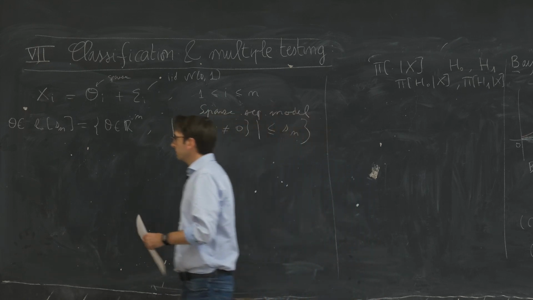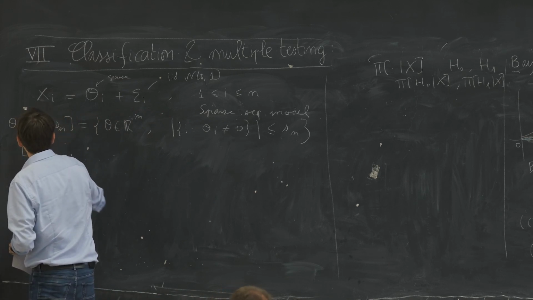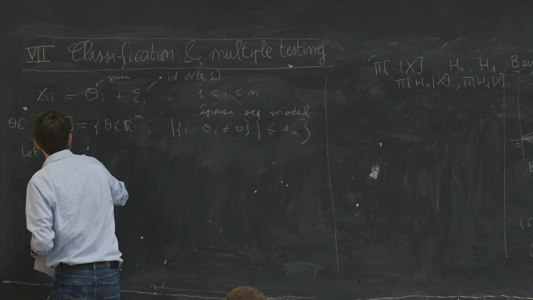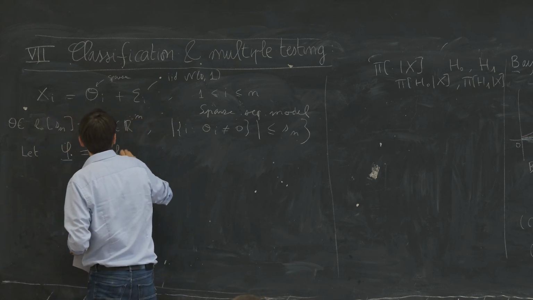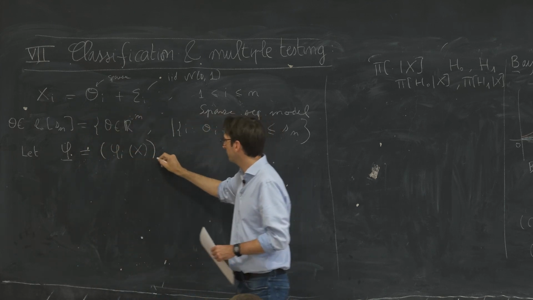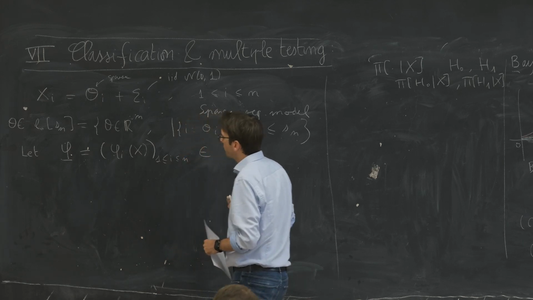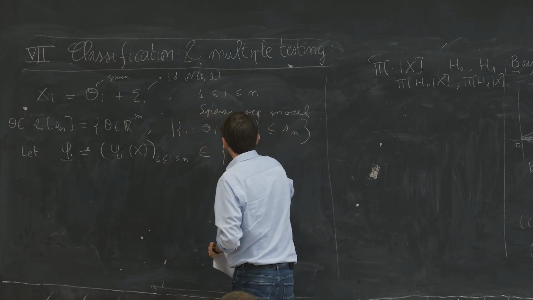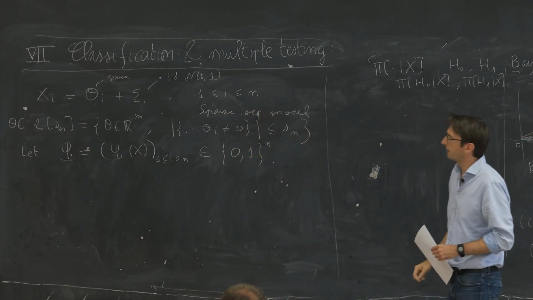Okay, so the object that we are going to consider is a test. Let phi be a procedure. A test is just a usual procedure, a measurable function of the observations, but we only want to know if a property is true or false, so it takes values in {0,1}.